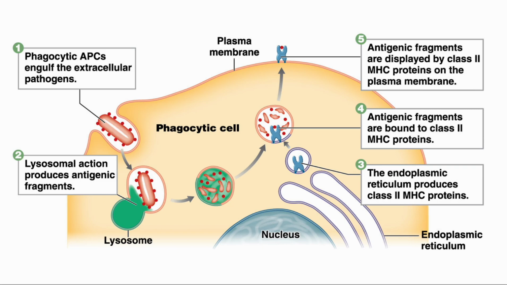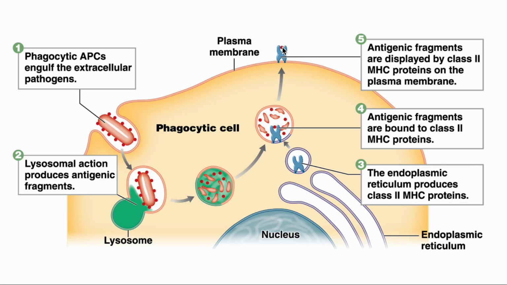Now, an APC cell, these are phagocytic cells, and instead of using MHC1, they are going to use MHC2. So in this diagram, we can see our phagocytic cell, or APC, has engulfed a bacterium. It has then broken it down using a lysosome into little pieces, and then taken an antigen and bound it to MHC2 coming from the Golgi, and then via a vesicle, that MHC2 and antigen complex will be placed on the surface of the cell.